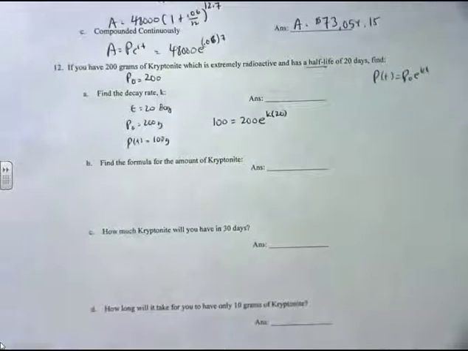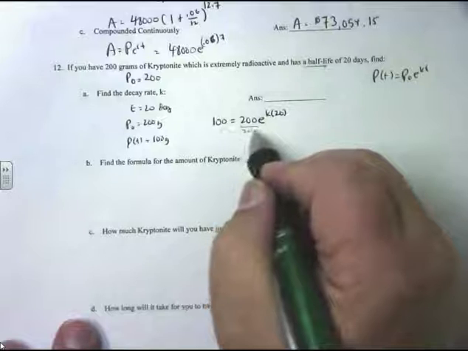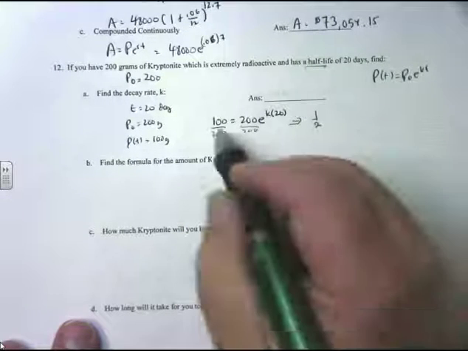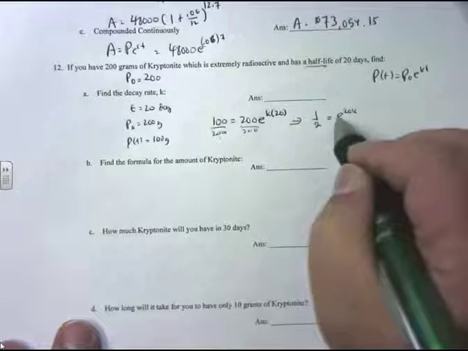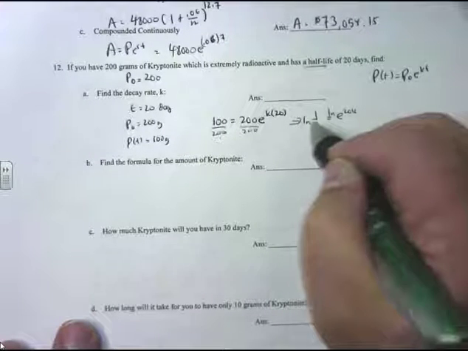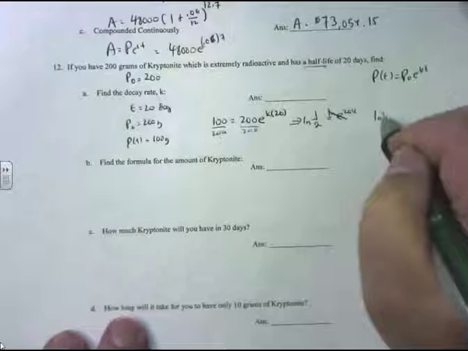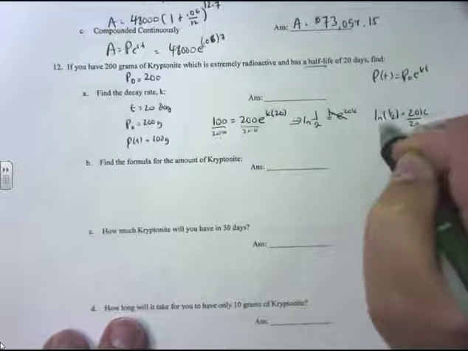Solving for k, I first want to divide both sides by 200, and what a surprise on the half-life, 1/2 shows up: 100 divided by 200 is a half, equals e to the 20k. Then I'm going to take the natural log of both sides, and the natural log and e cancel, leaving me with the natural log of 1/2 equals 20k, and then I divide by 20.